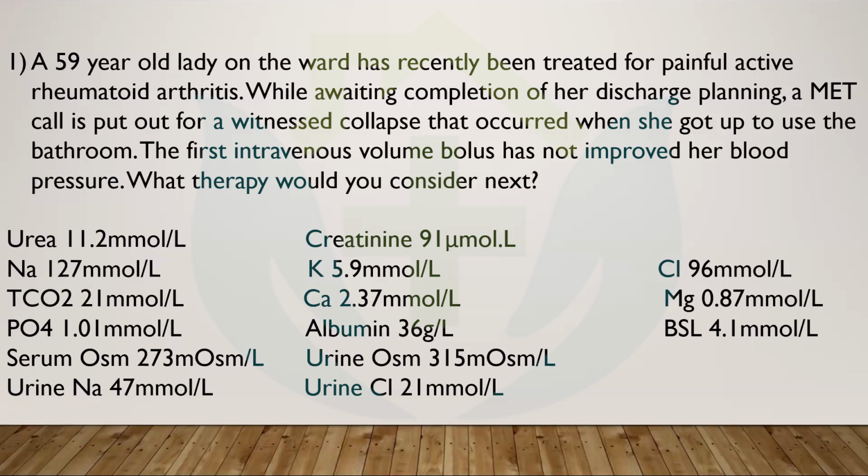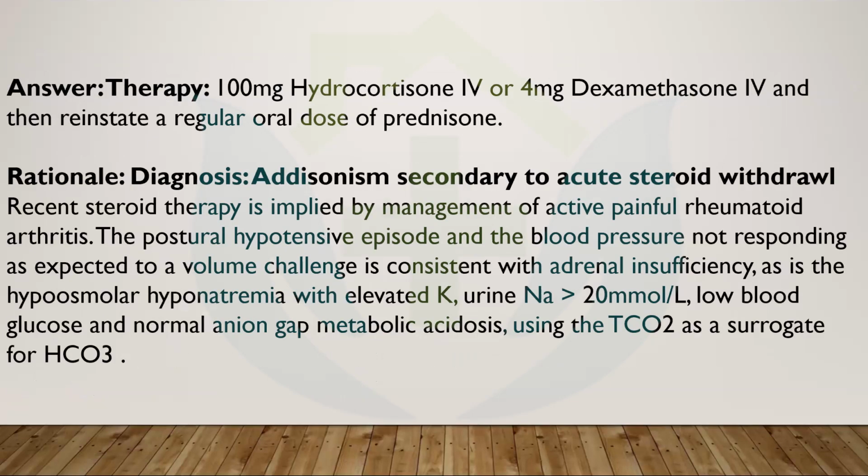Okay, so in this case, the patient was on steroids for rheumatoid arthritis, and steroid withdrawal has occurred. That is why the patient's BP is not improving despite the fluid boluses. How you can interpret that is, this is a case of Addisonism secondary to acute steroid withdrawal. Recent steroid therapy is implied by the management of active painful rheumatoid arthritis.